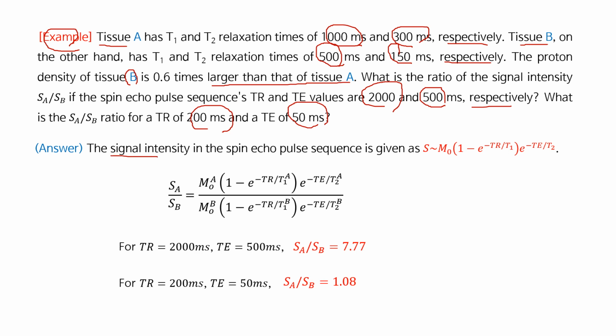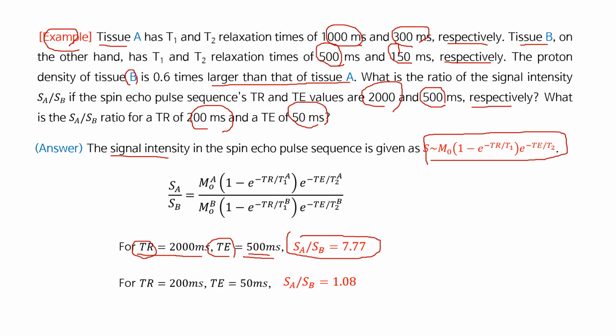The signal intensity has this form. So we can easily calculate just by putting in the numbers, right? For 2000 millisecond TR and 500 millisecond TE, we have the ratio of the signal intensity given by this, 7.77.